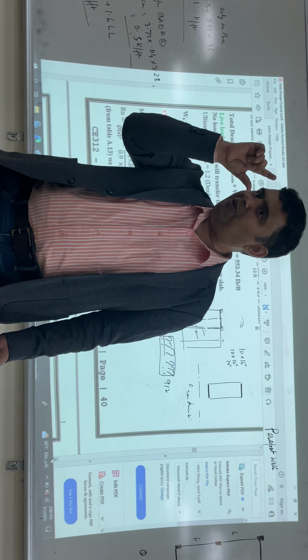There are two ways any structure fails: one is bending moment and shear force, the other is deflection. A slab generally resists the bending moment easily, but it is very dangerous in deflection.